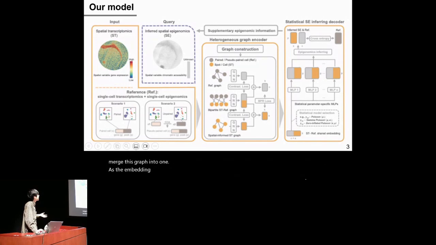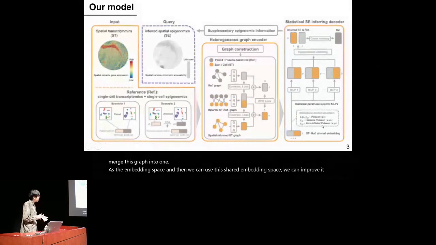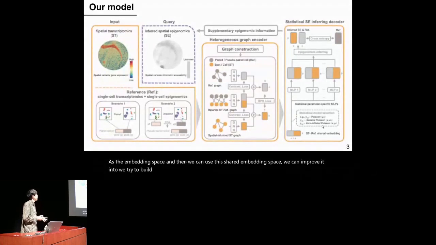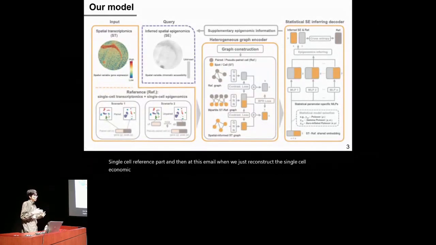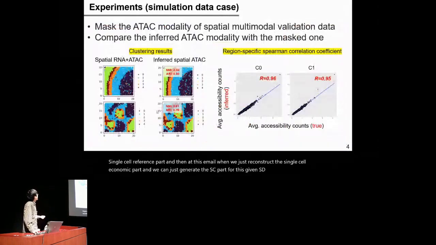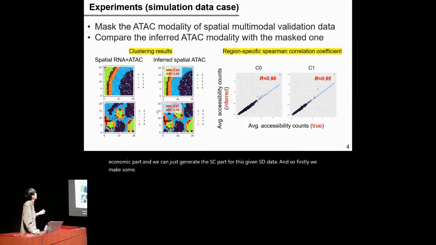We input this shared embedding space into a statistical model, and we reconstruct the single-cell epigenomic reference part. Meanwhile, when we reconstruct this single-cell epigenomic part, we can also generate the epigenomic part for this given ST data. And firstly, we apply some experiments on the simulation data.